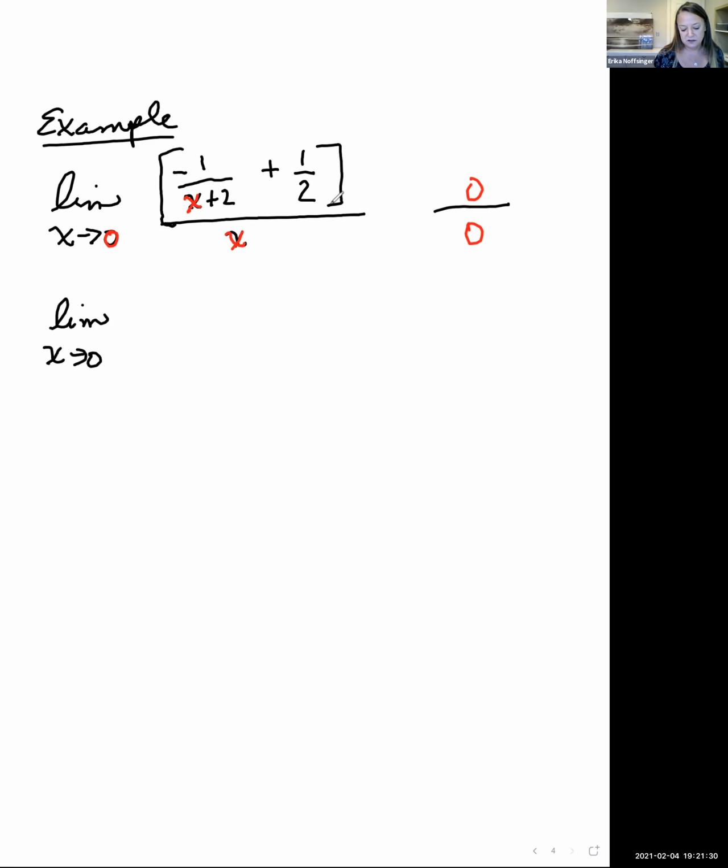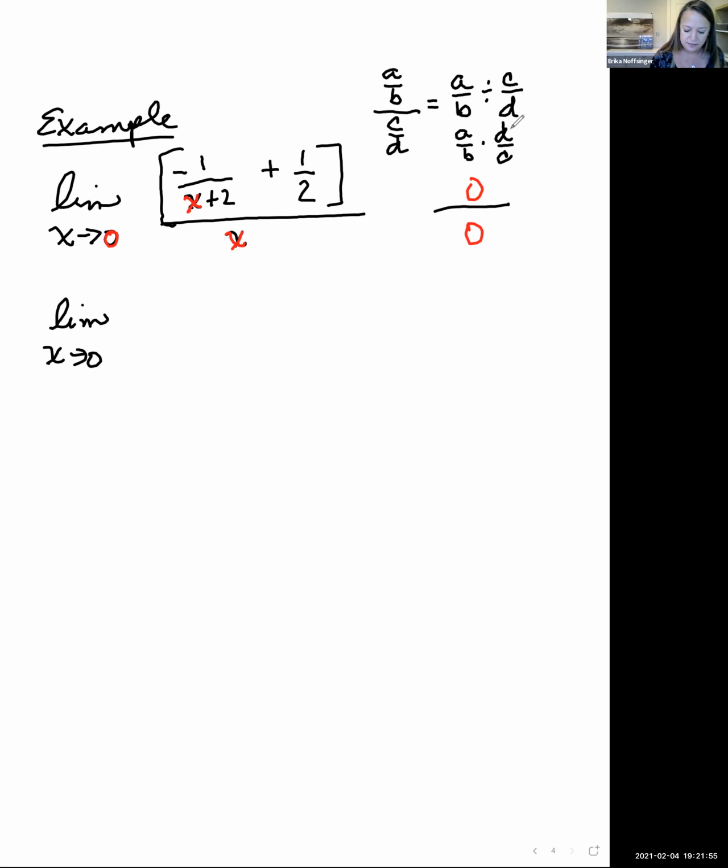Then remember, if you have a over b divided by c over d, dividing by a fraction means you take the first fraction times the reciprocal of the other fraction.